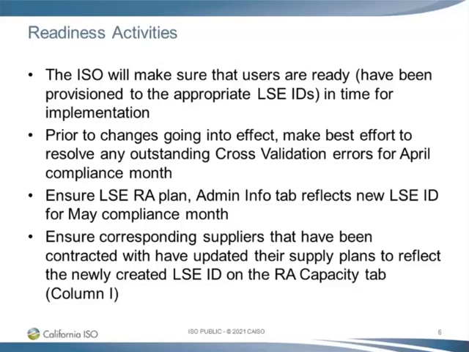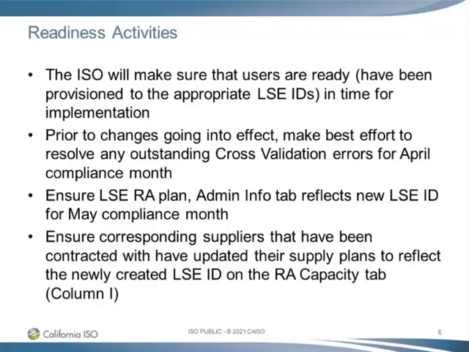Now, before we have these changes go into effect, we'd ask you to make your best effort to resolve any outstanding cross-validation errors for your April compliance month, just so that when you get into the new application, when that is rolled out and we're starting to plan for May, that you've got everything already set for April as best as possible. We also would like you to make sure that your LSE RA plans have the new LSE IDs listed in your admin info tab, and that's for the May compliance month.